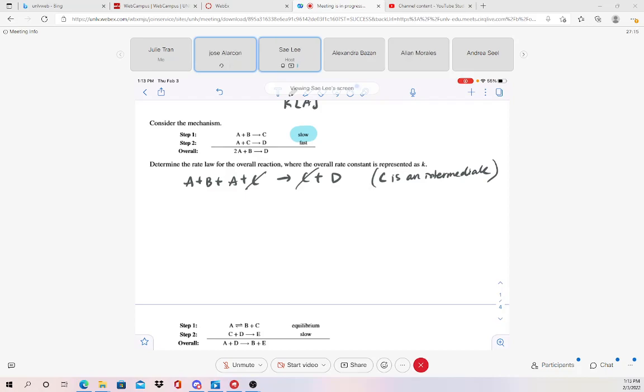Okay, so you know how you got the rate law for the first mechanism, Oh, you're breaking. Your voice is breaking. I can't hear anything. but you can't hear me. Is it me or you?